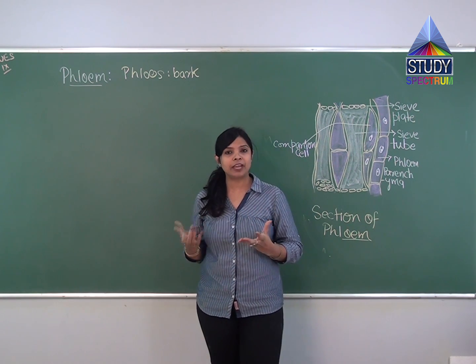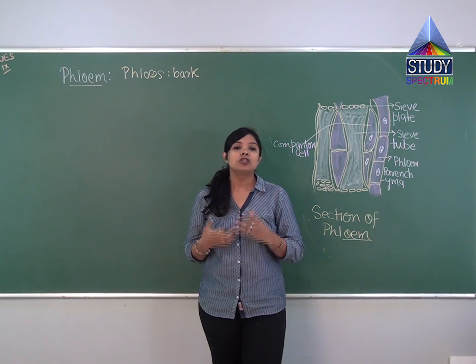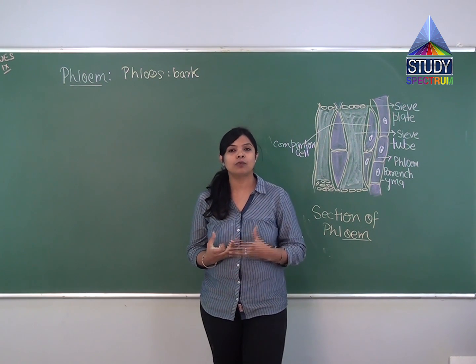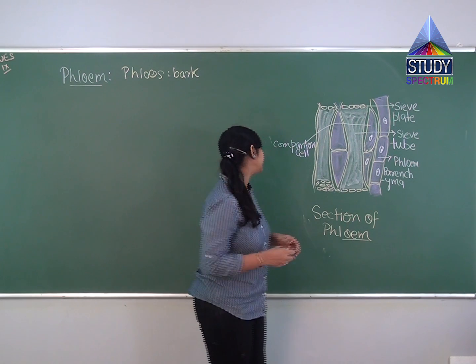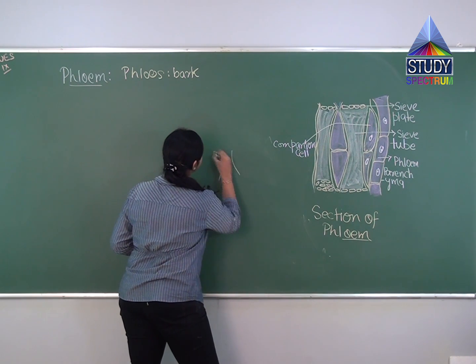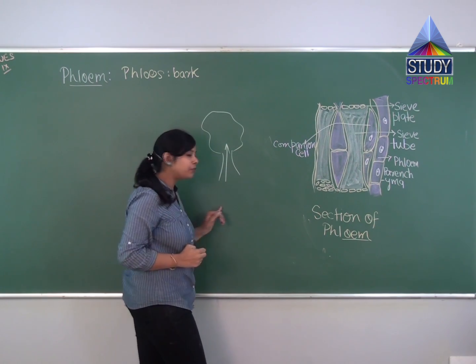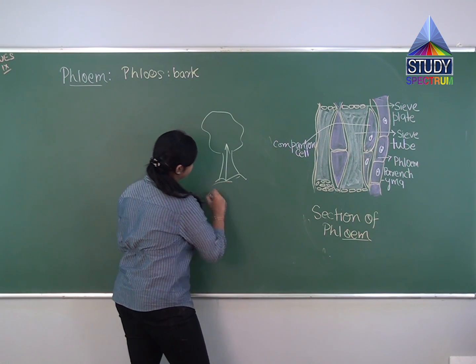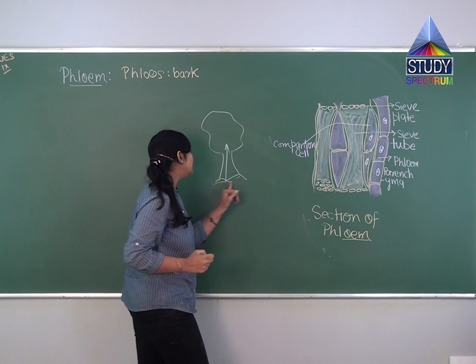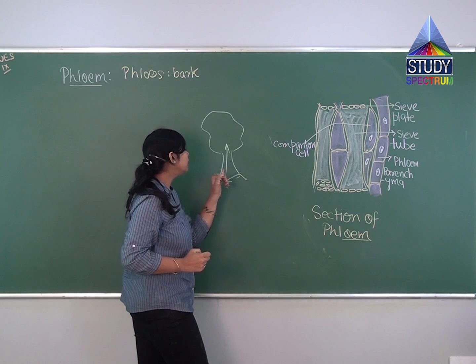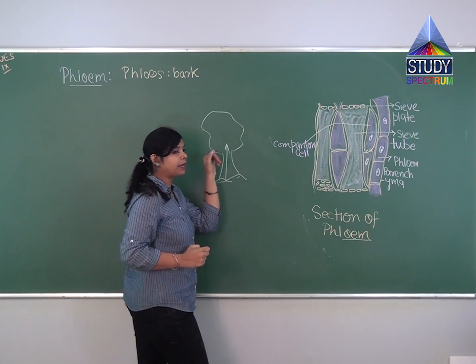Now again, if you see the xylem, conduction is mostly unidirectional in xylem. Means what happens? Suppose it is a plant, the water will go only one way. Why does this happen? Because the roots are in the soil, so they will get soil water only from this part, and it will go to all parts of the plant.